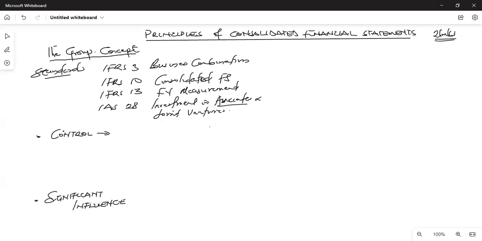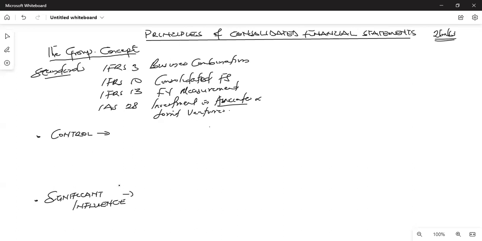Because submission is not when you agree to do something; it's when you actually disagree about something, but you humble yourself. That is what the word submission means, and that is where the control is seen from. All right, so you could see that what we are talking about is significant influence.